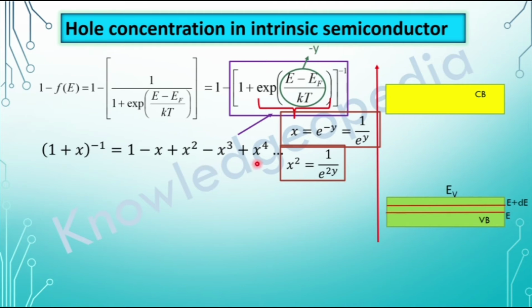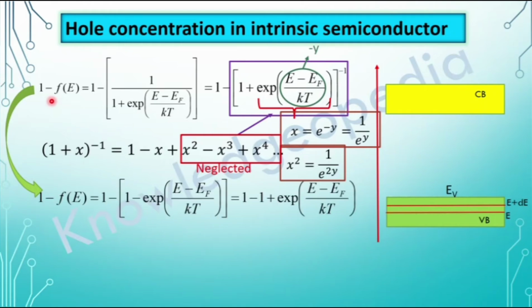If these are very small, I can neglect these terms compared to the first two terms, and hence neglecting them, this expansion is equal to 1 minus x. Considering this approximation, the probability of finding a hole can be written as 1 minus f of E is equal to 1 minus x, because we have neglected the higher order terms which are very small. Here this 1 minus (1 plus x) to the power minus 1 can be written as 1 minus x.